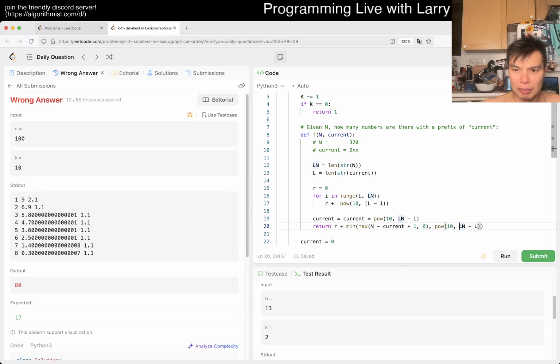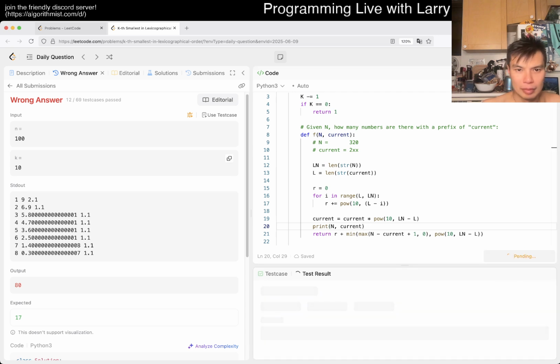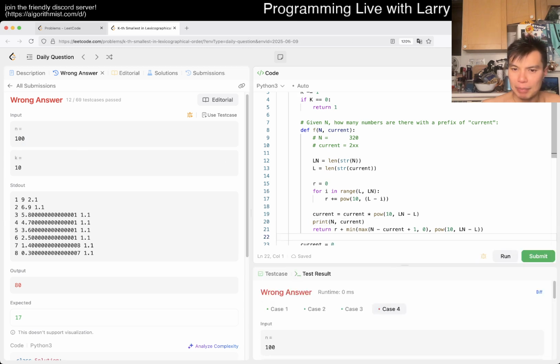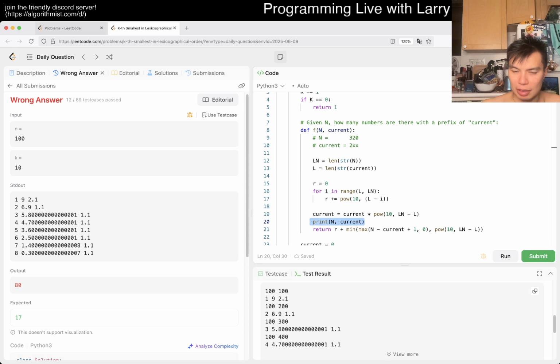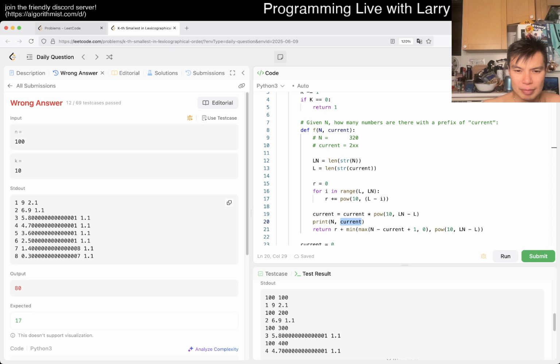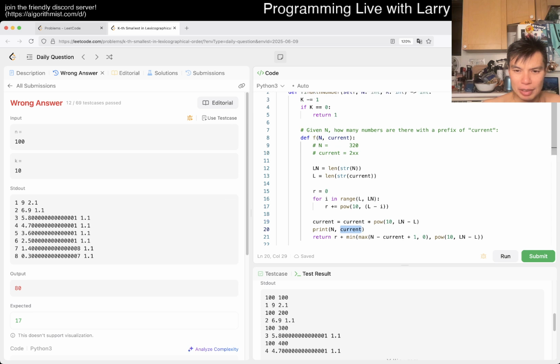Wait, what is the input here? I mean, but this input doesn't make sense for this to happen unless I did something wrong, right? So, okay, so we have n is equal to n and a current. Because we do this, okay, that's fine.